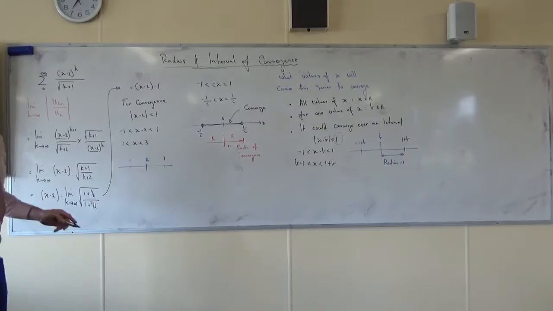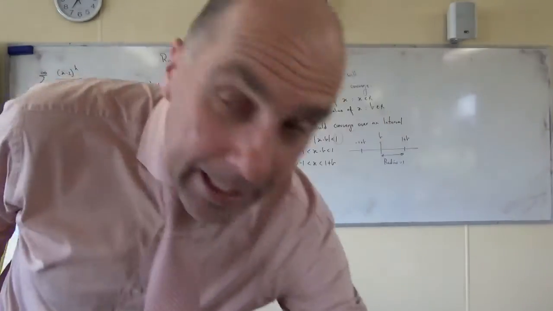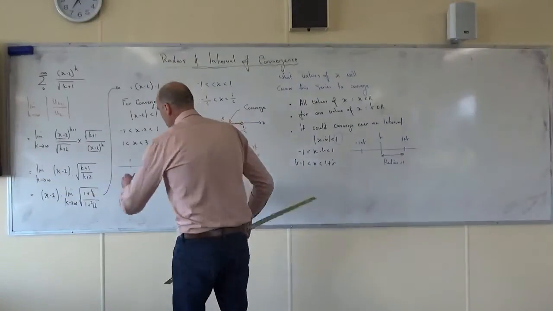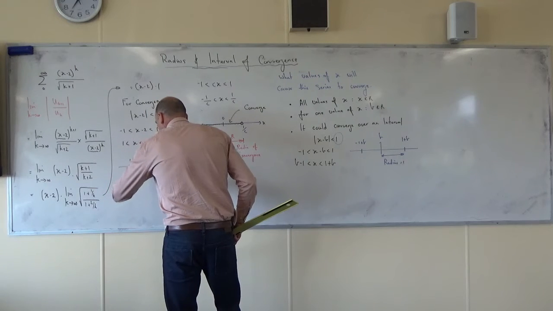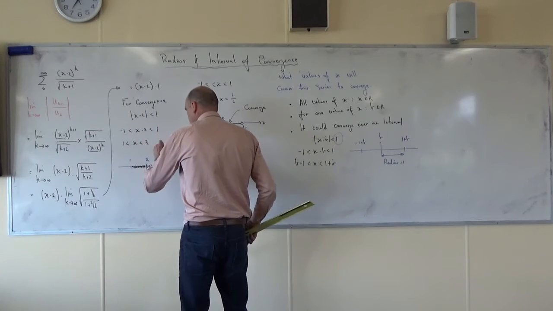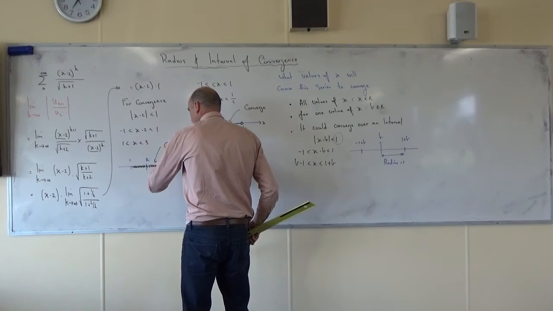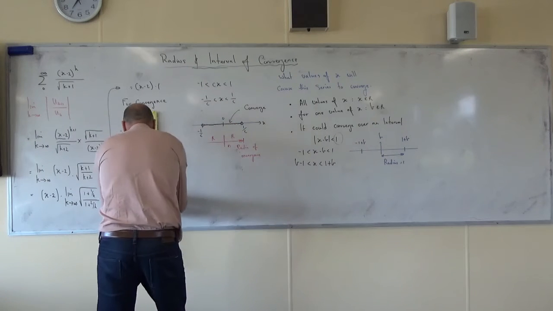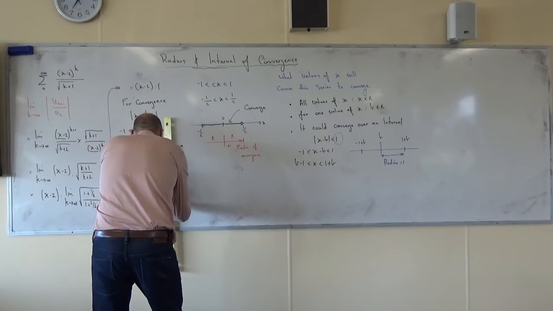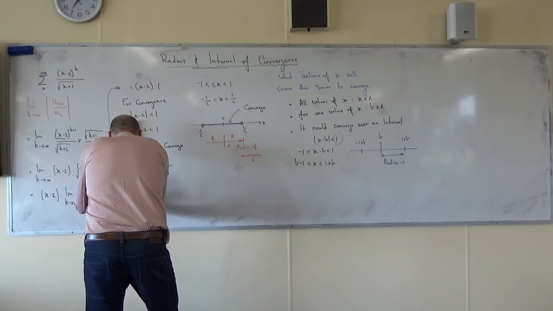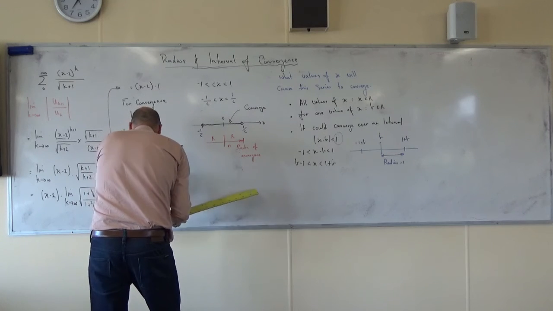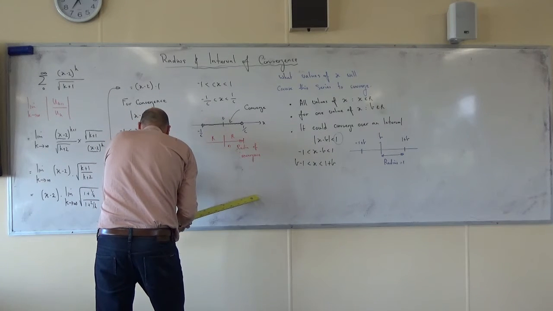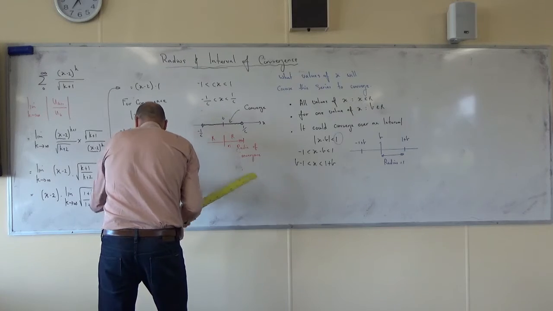So any value of x trapped between 1 and 3 will converge. And my radius of convergence is 1, so R is equal to 1 in this case.